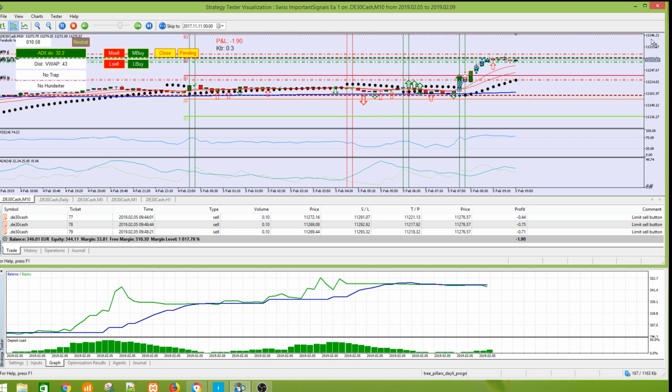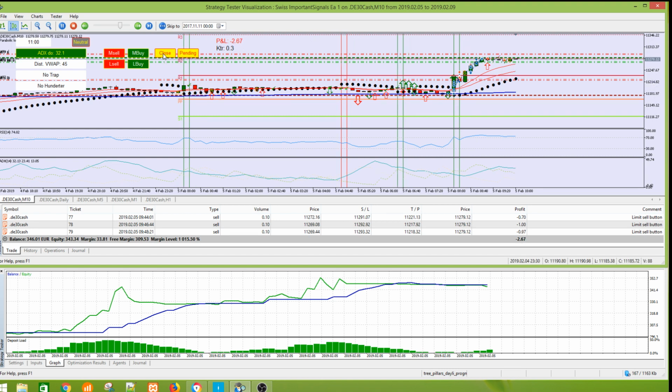It's again the 75 level. Oh, maybe. And it's at the upper opening range. Oh, something is wrong, I think.